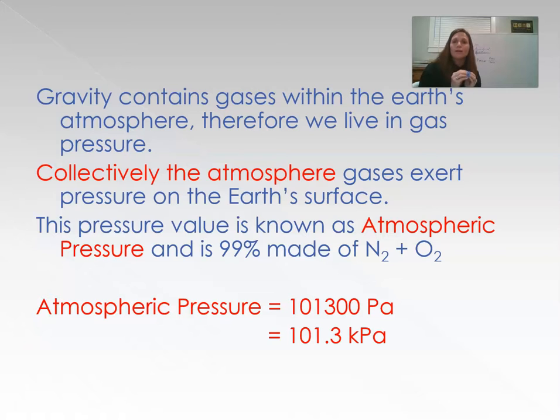So that's one standard measurement of the amount of pressure that is on us from the atmosphere of gas that is trapped by gravity. Another measurement of it, my personal favorite, is an atmosphere. We have 1 atmosphere of gas on us because we are on Earth, and so the amount of gas that is running into us is equal to the amount of gas that is trapped on Earth, and so we are under 1 atmosphere of pressure.